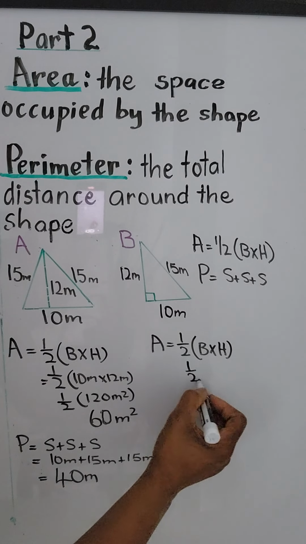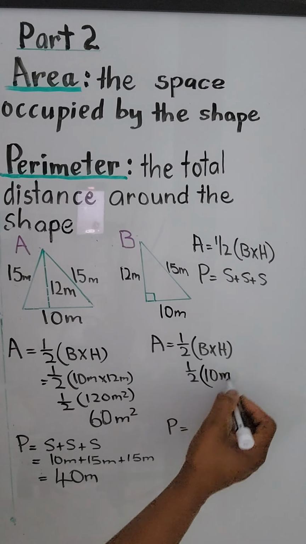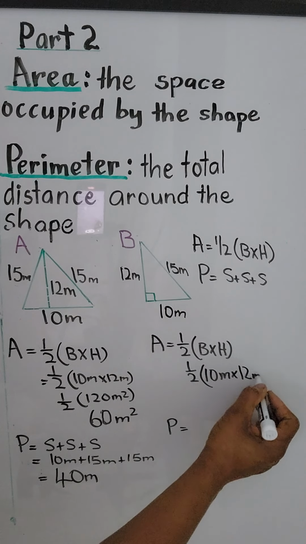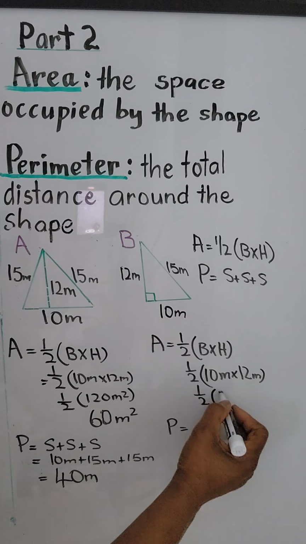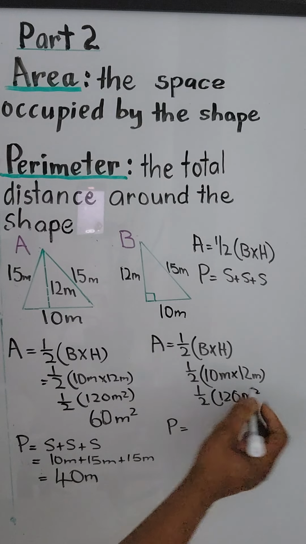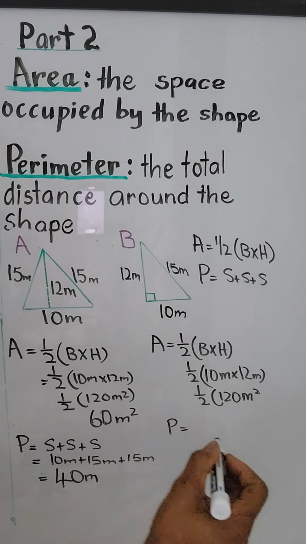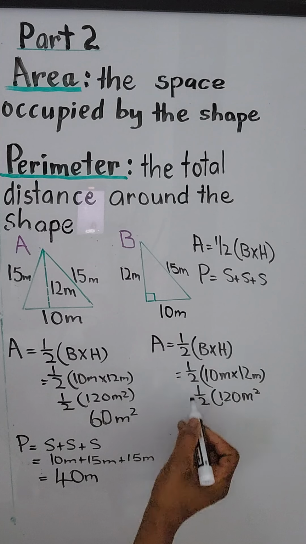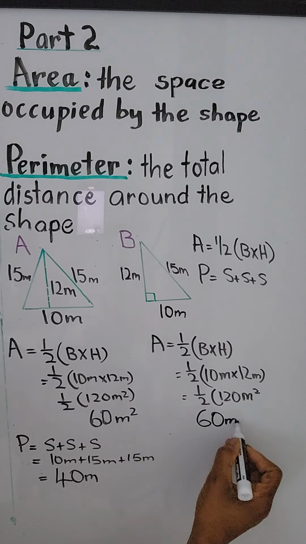That is half 10 meter times 12 meter, and that is half of 120 meter squared, and that gives us 60 meter squared.